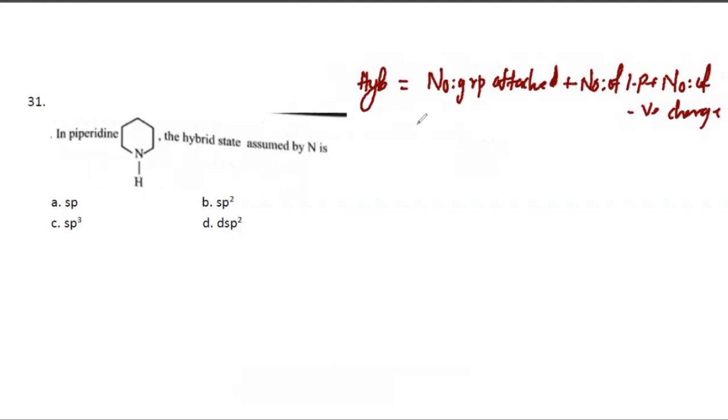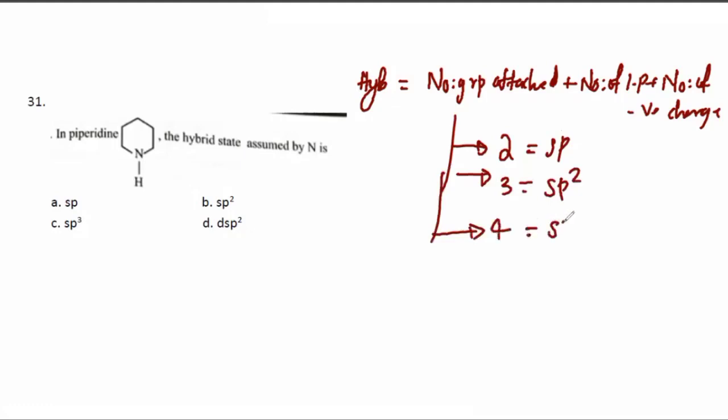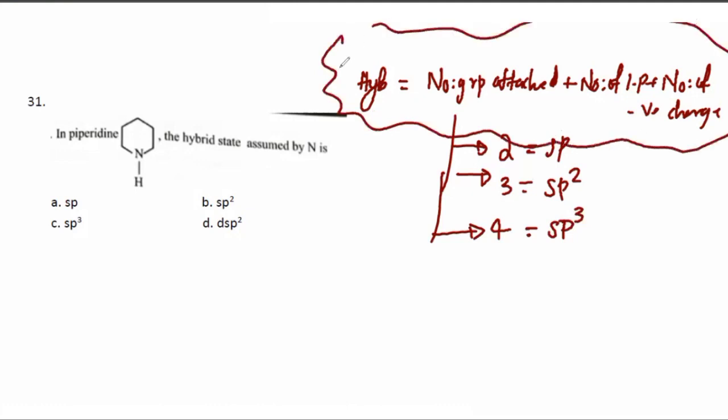If this value equals 2, then it is sp. If this value equals 3, then it is sp2. If this value equals 4, then it is sp3. This is the idea for finding the hybridization of organic compounds.